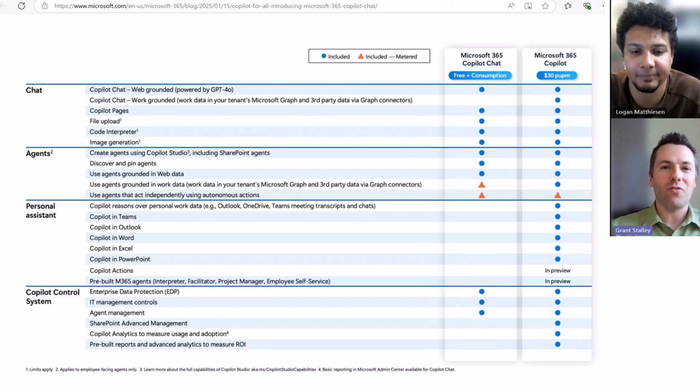That's not coming to you if you're a Copilot Chat user, just if you are in the full-fledged Microsoft 365 Copilot. Another key difference is going to be all of the checkboxes that you see in one column but not in the other, under the personal assistant category here. It's maybe 10 or so rows down, but you can see a whole lot of blanks under Copilot Chat and a whole lot of those nice blue circles under the M365 Copilot.